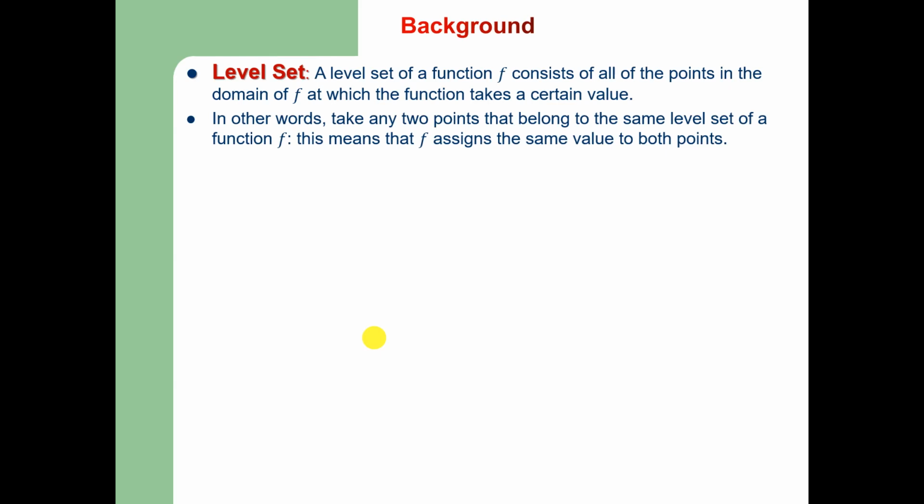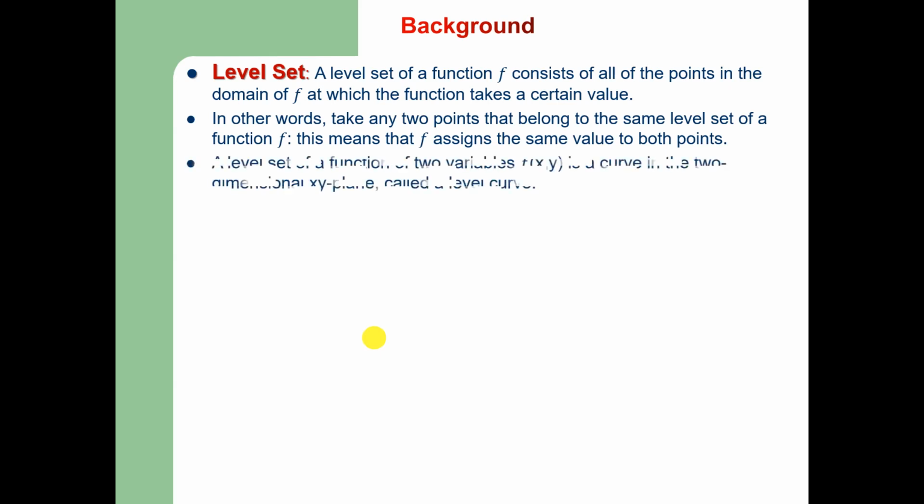For example, if we draw an indifference curve, then the indifference curve passes through various points, which give the same level of satisfaction to the consumer. So all these points through which this indifference curve, which is also known as the level curve or level set, passes assign the same value to all these points.